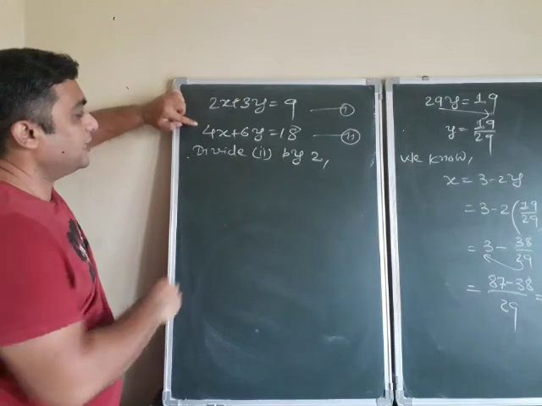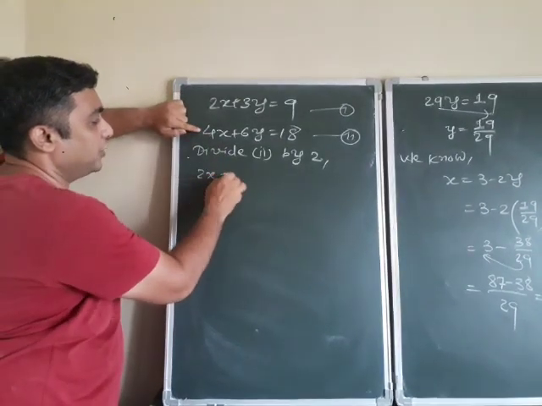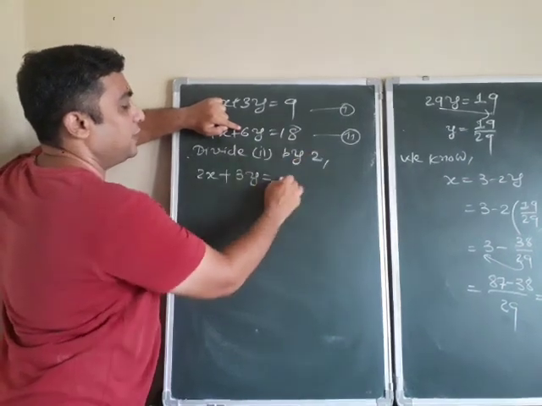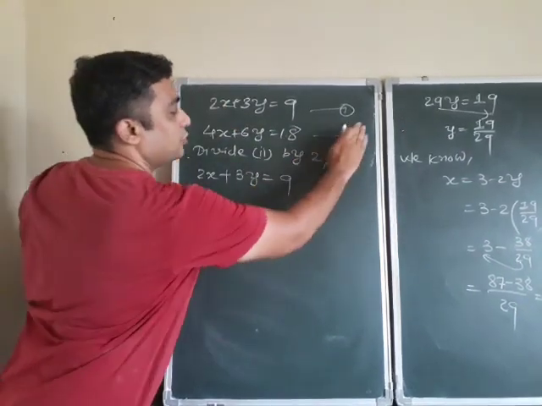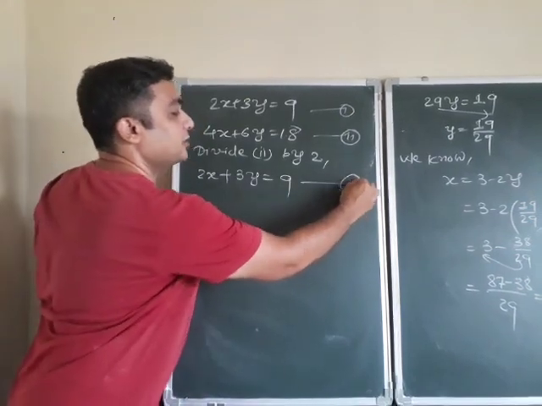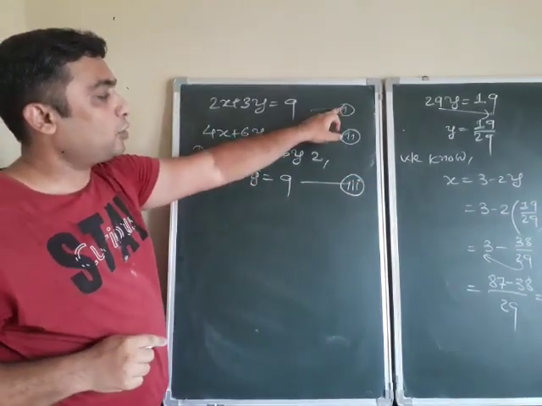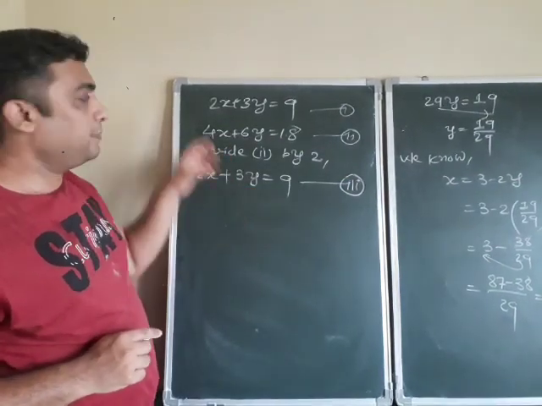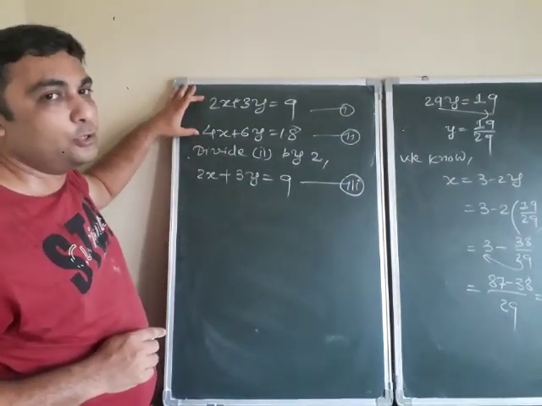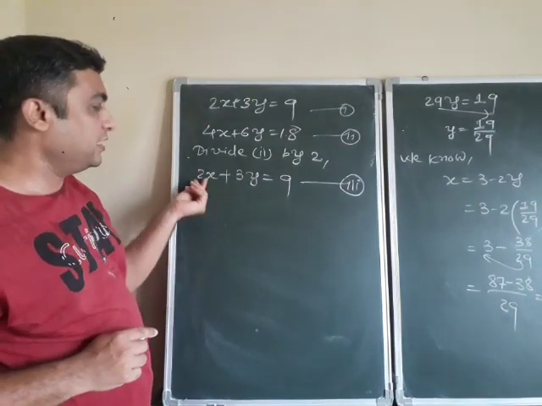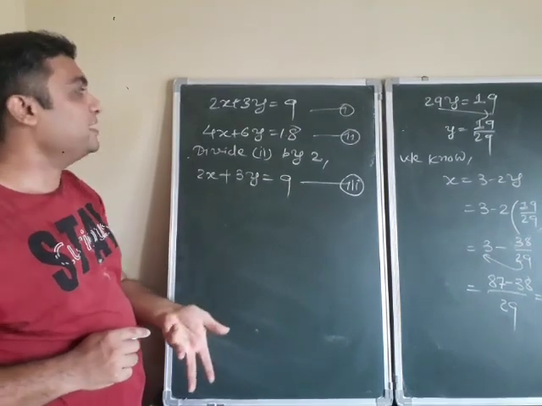This would be 2x plus 6 by 2 is 3y and 18 by 2 is 9. Now this equation I can say as a second, or I can say as a third. So now I can get the solution from 1 and third, because this would be the lowest form. If you use this, then also you will get the same solution. If you use both of these, you will get the same solution. But here the coefficients are reduced, so it would be easy for you.